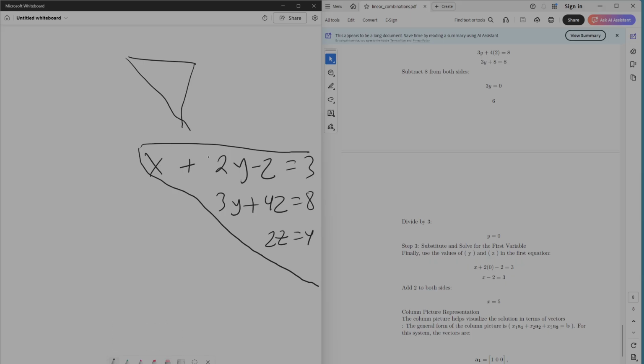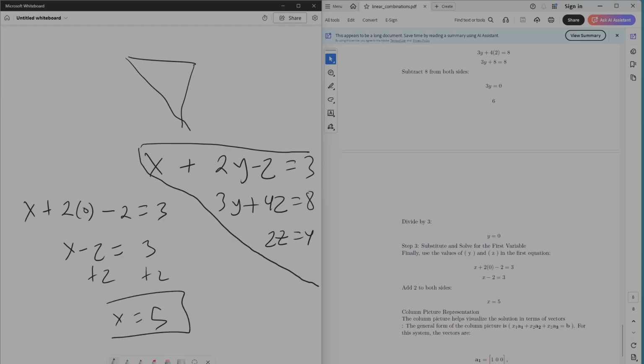We're going to do x plus 2 times 0 minus 2 equals 3. Then we have x minus 2 equals 3. Then we add 2 to both sides, and x is equal to 5. So we found x, y, and z.